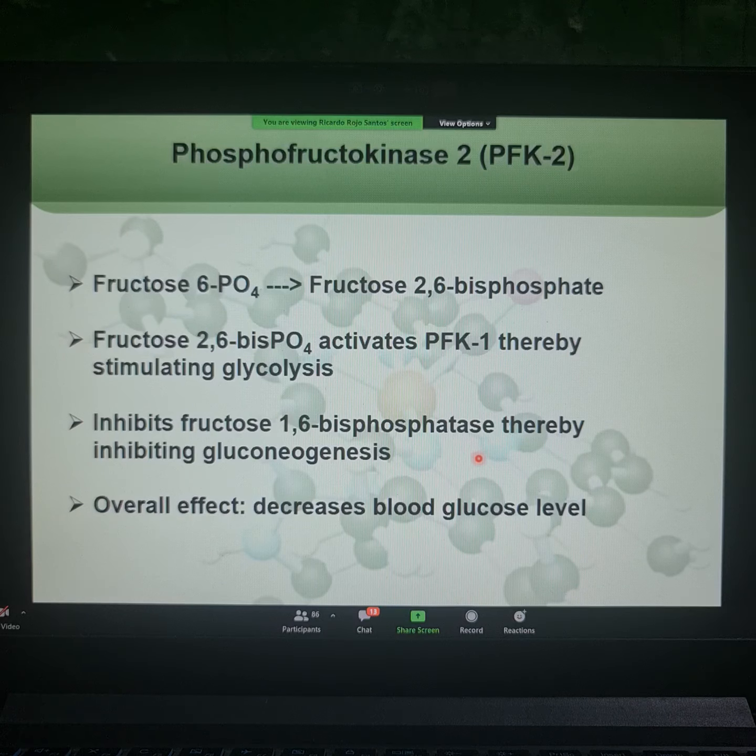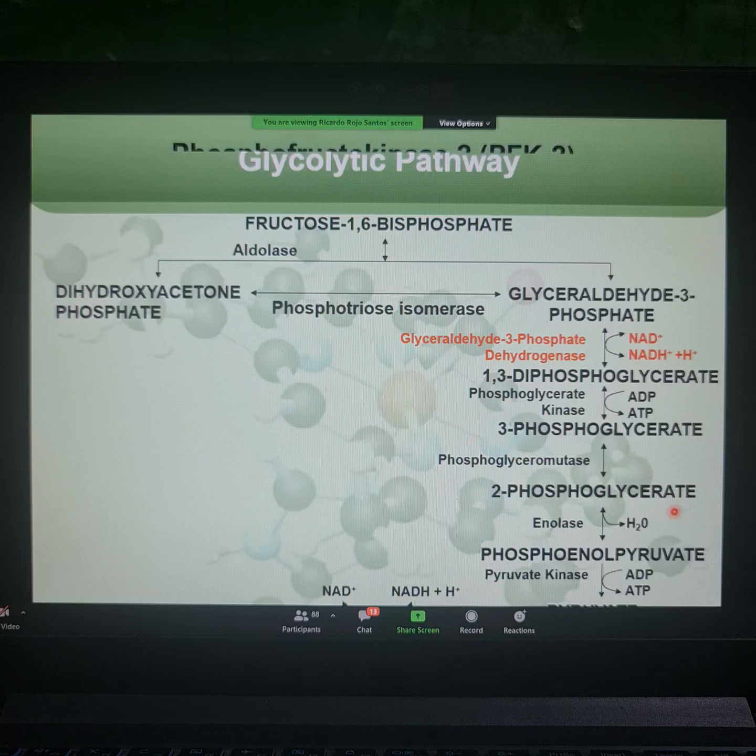You inhibit the formation of new glucose. Okay? And what is the overall effect? Phosphofructokinase 2, through fructose 2,6-bisphosphate, decreases the blood glucose level.